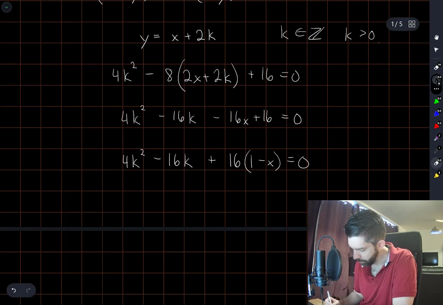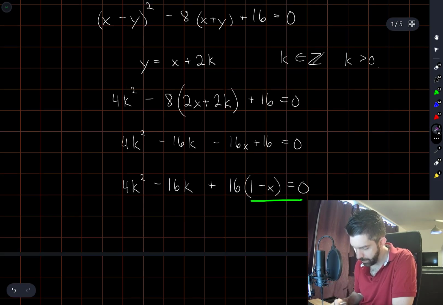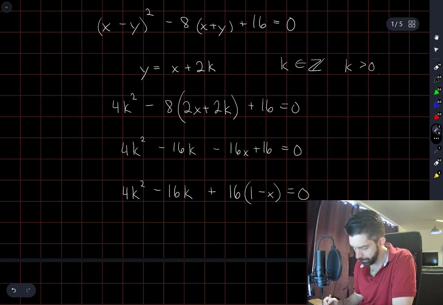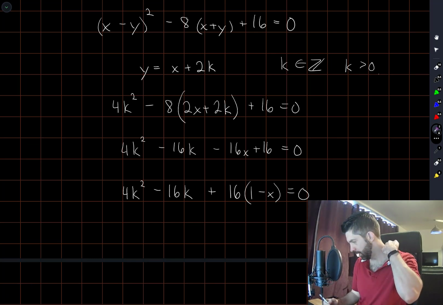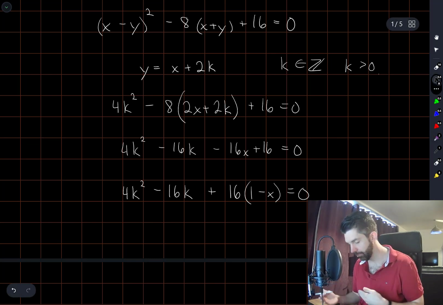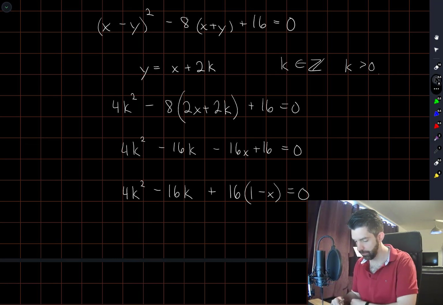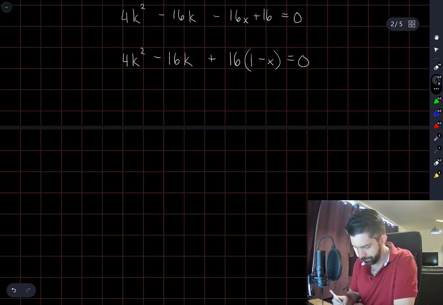Okay, so what I'd like to do is solve for k. We need k to be a positive integer. So when we write down the solutions or the roots of this polynomial, we'll just have to find values of x that make it possible that k is a non-negative integer.